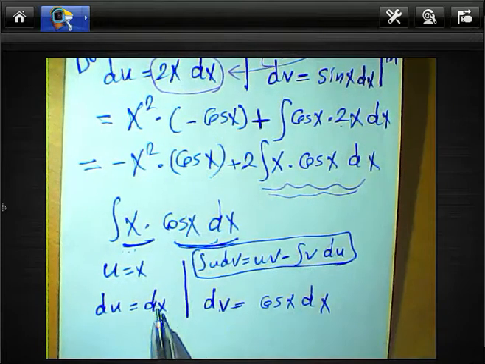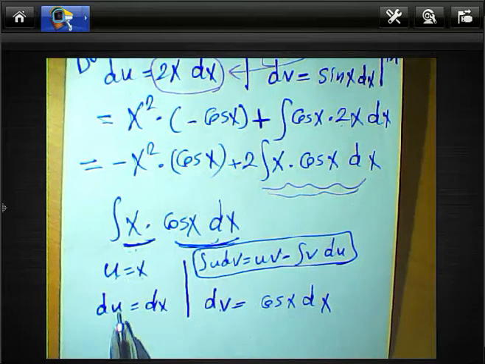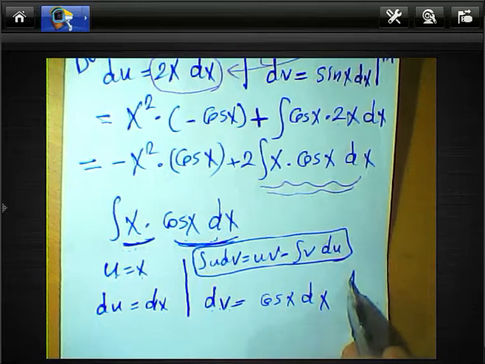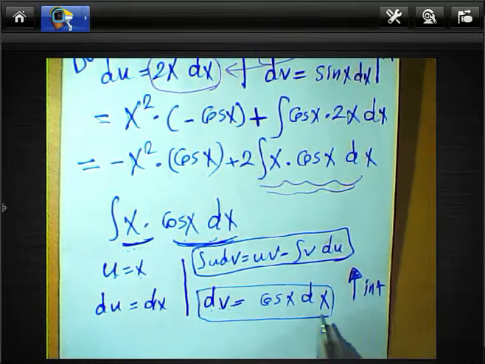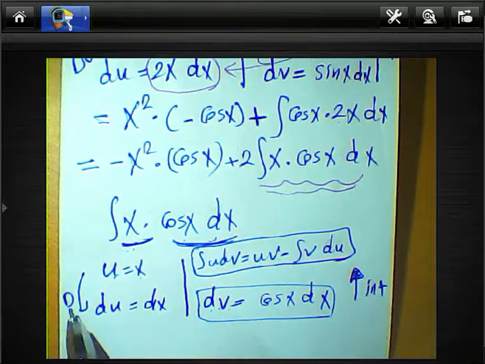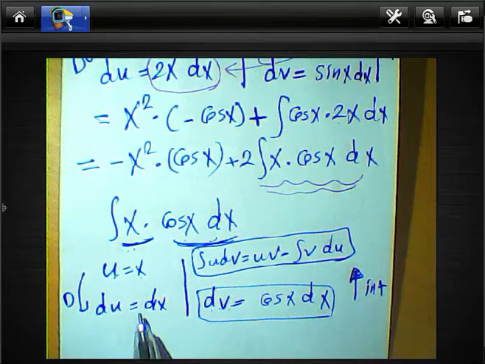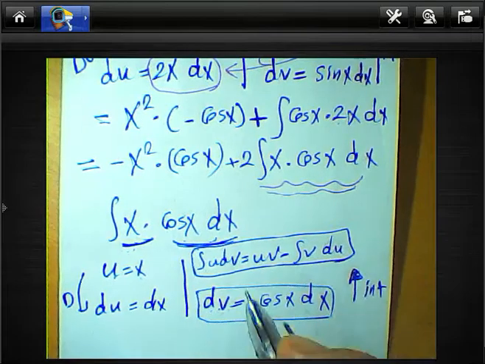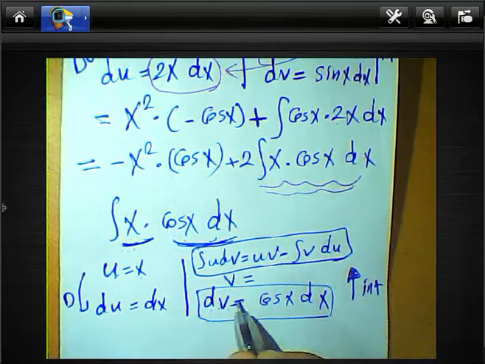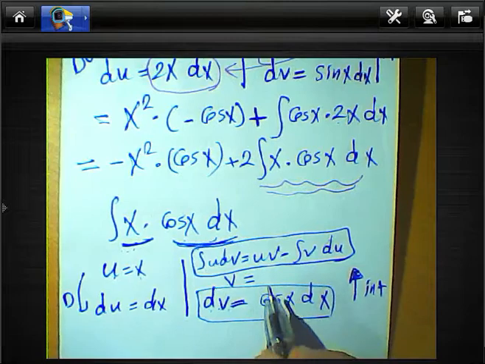So we write u equals x and dv equals cosine x dx, and we find the derivative of u and the integration of dv. Integrating dv gives v, and the integration of cosine x is sine x.